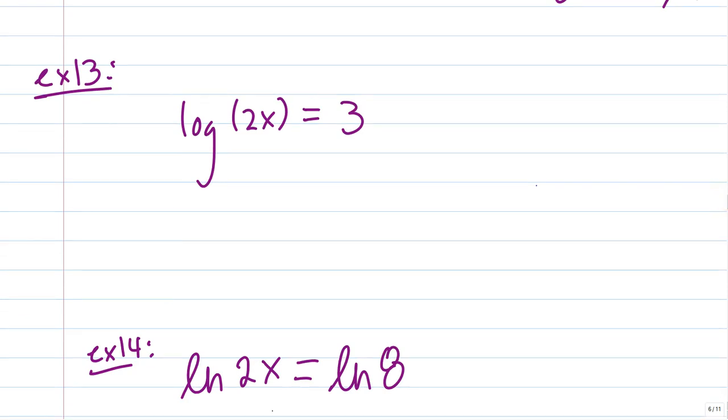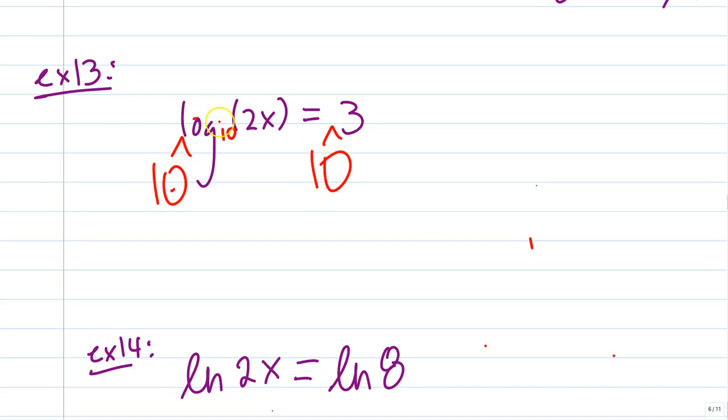Yes, I could just rewrite it, but what is the base? How do I undo log base nothing, right? Well, you have to remember that is log base 10. How do I undo log base 10? Well, I raise both sides, not to the 10th power. No, right? That's if we had a 10th root. We raise both sides as an exponent to base 10.